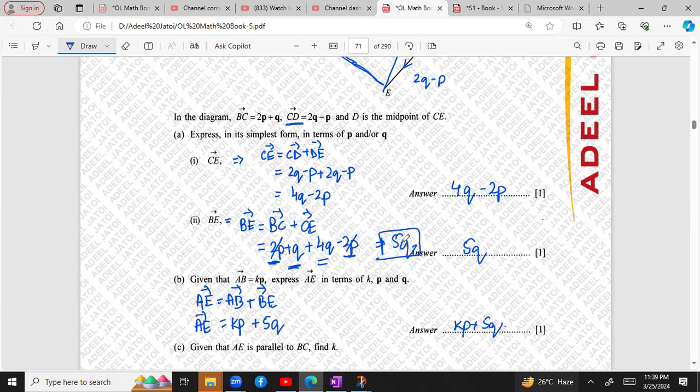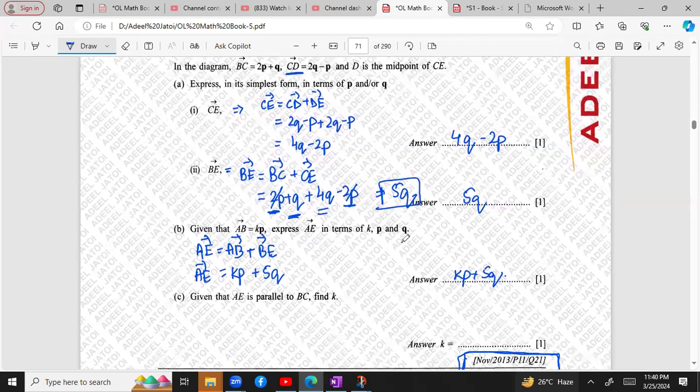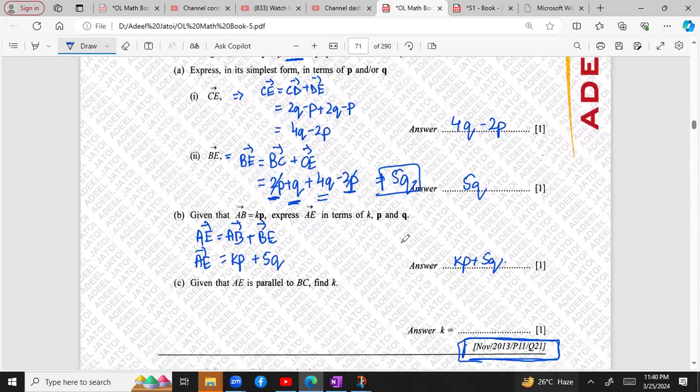Then given that AE is parallel to BC, we can write AE is equal to H times BC, where H is the ratio between AE and BC.